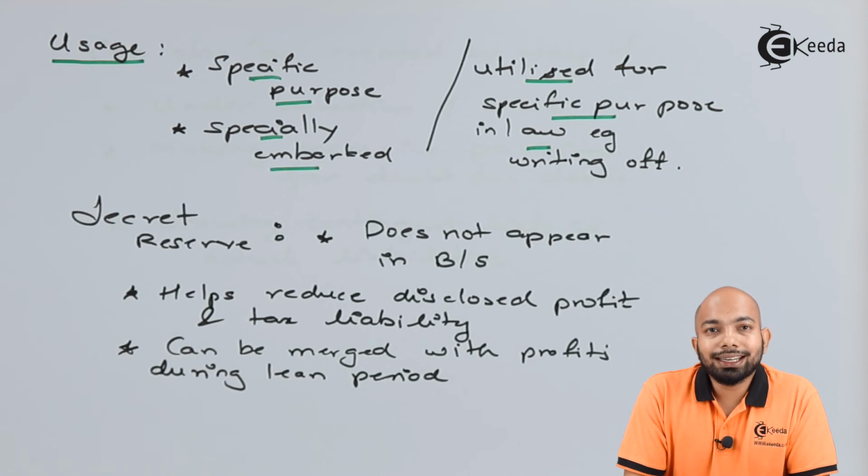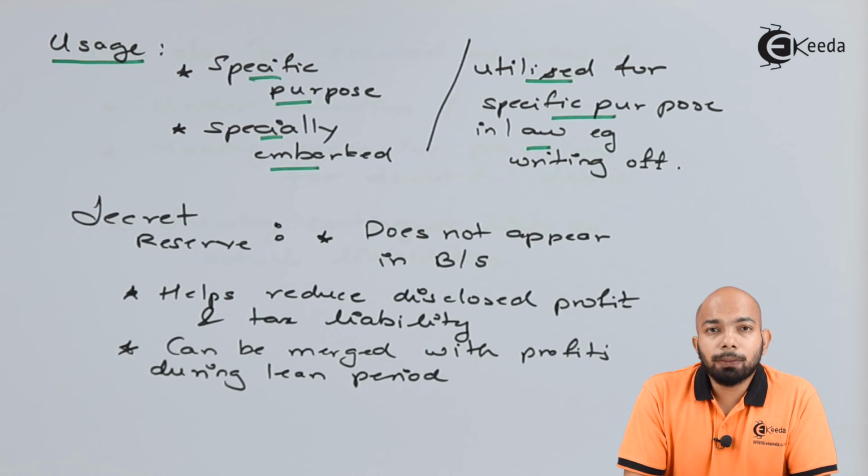Now, as you have learned, revenue reserve is referred to a specific purpose. It is not anything that we can call a general reserve. It is specially embarked upon, that means specifically created for a specific kind of fund. However, when we talk about general reserves or capital reserve, that can be used for anything.